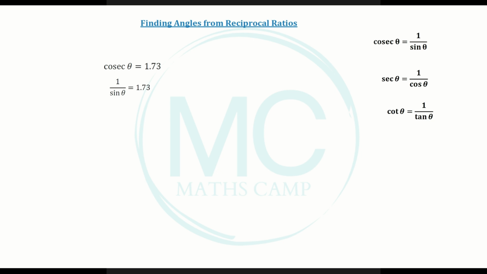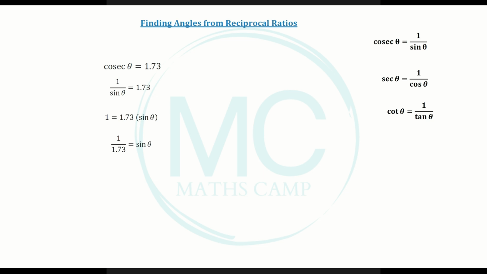So we can multiply both sides by sine theta. On the left, we're left with 1 is equal to 1,73 multiplied by sine theta. Now we need to get sine theta by itself. So we need to divide both sides by 1,73. On the left, we now have 1 over 1,73 is equal to sine theta.